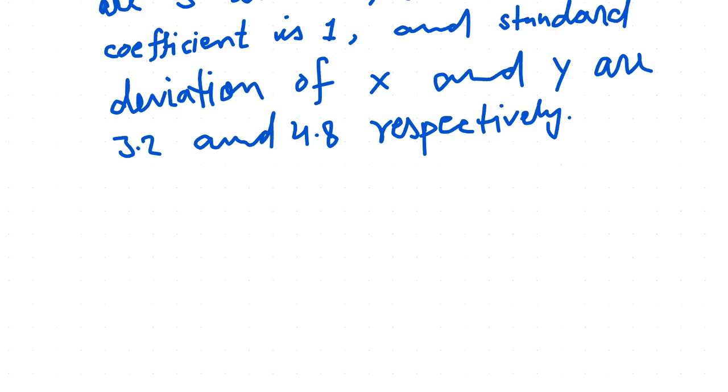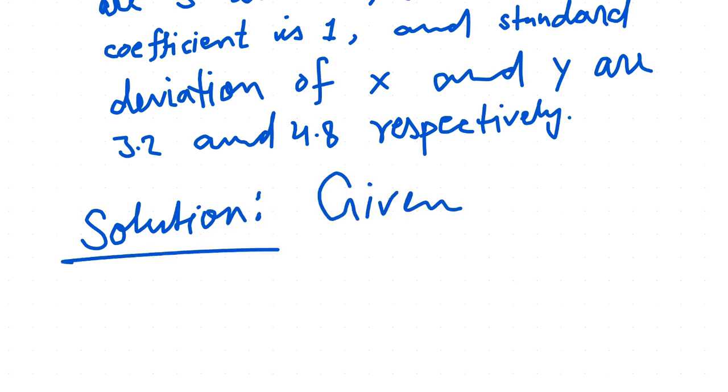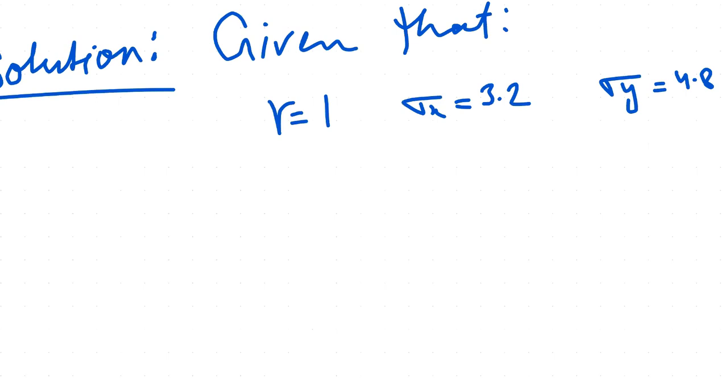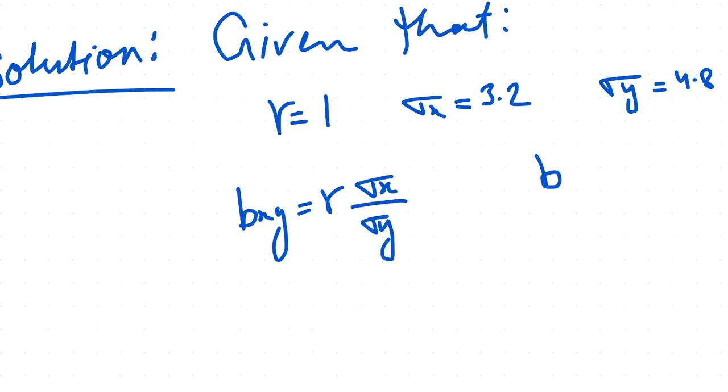So let us find the solution. Given that r is equal to 1, sigma x is equal to 3.2, sigma y is equal to 4.8. bxy is equal to r into sigma x over sigma y. byx is equal to r into sigma y over sigma x.